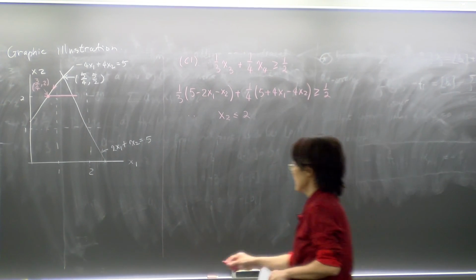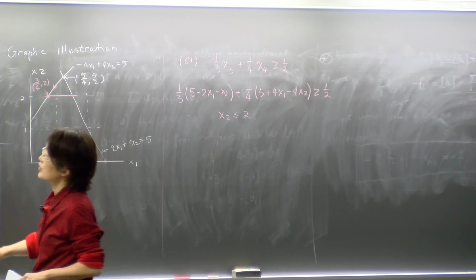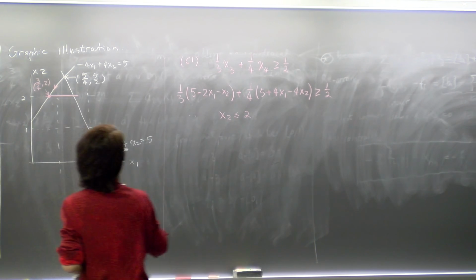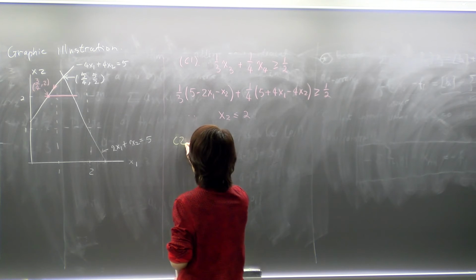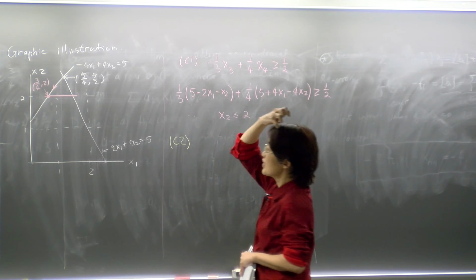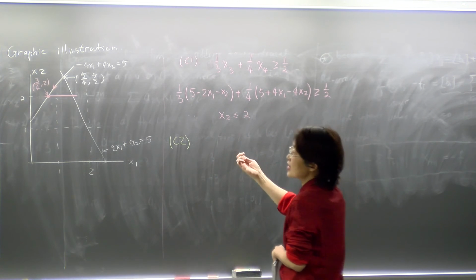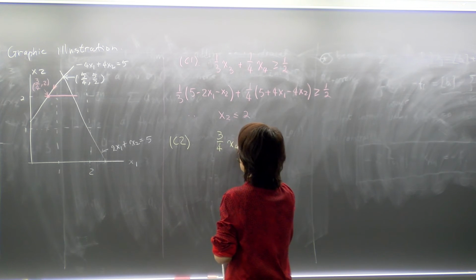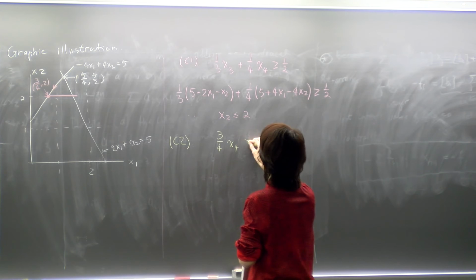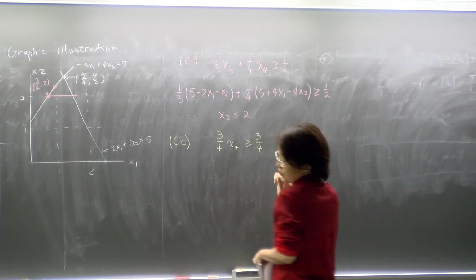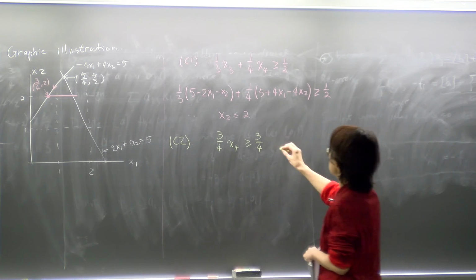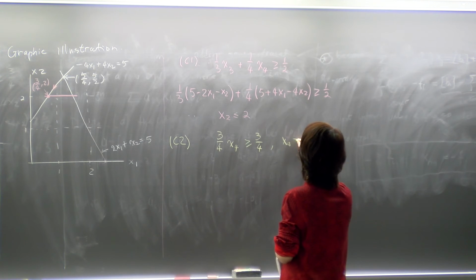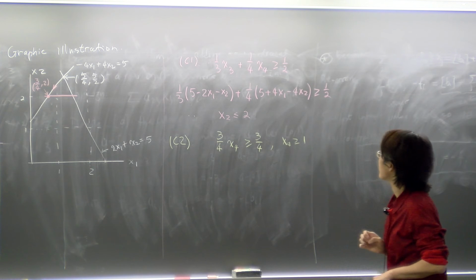Now let's look at our second cut with the constraint C2. Let's do it with green and see what it does. So what is C2? Well, C2 basically says 3/4 x4 shall be bigger than or equal to 3/4. Is that right? This is basically x4 bigger than 1.